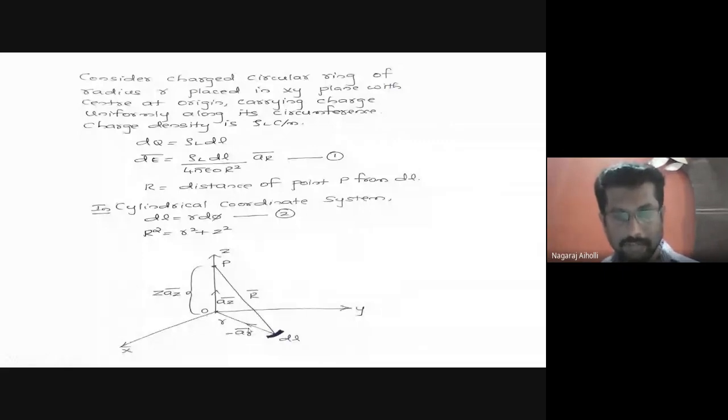Therefore we consider the direction from dl towards the small r as minus unit vector aR bar, correct?